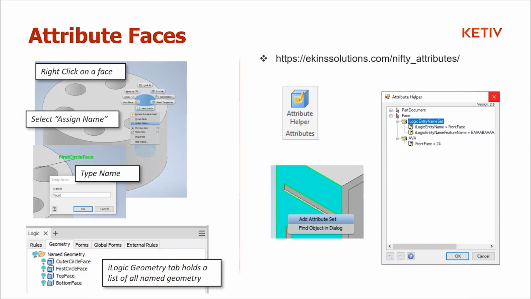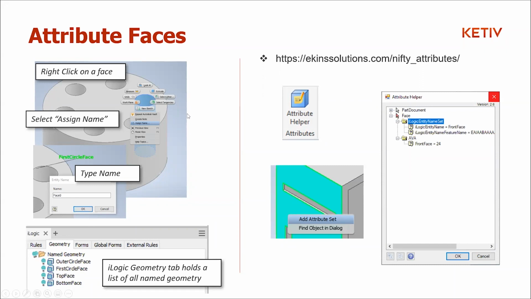manually. Now there's two ways of doing it that I use. One is, I think it's Inventor 2021, it might have been 2020, but they introduced a new feature where you can assign a name to a face, and this makes attributing a whole lot easier.